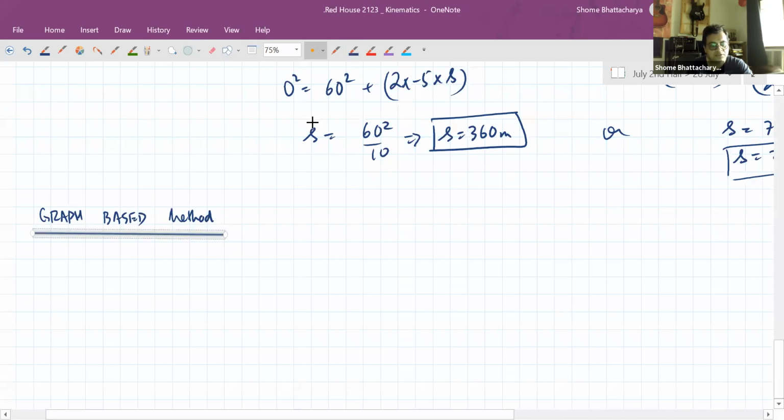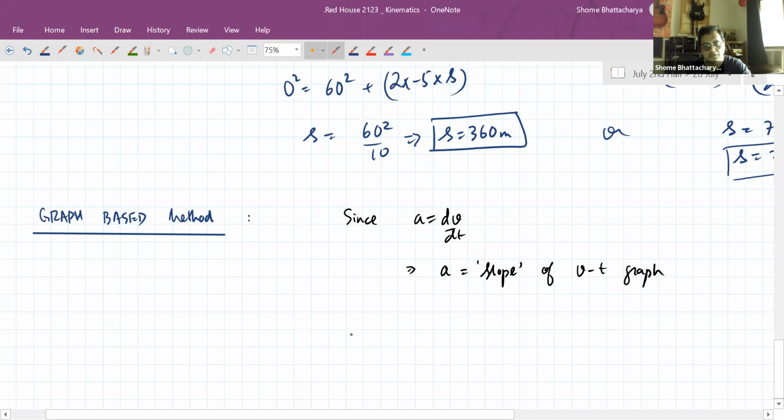So in the graph-based method, we know that since acceleration is dv by dt, therefore acceleration is the slope of the velocity-time graph. And since velocity is the rate of change of displacement, displacement is the integration of v dt.